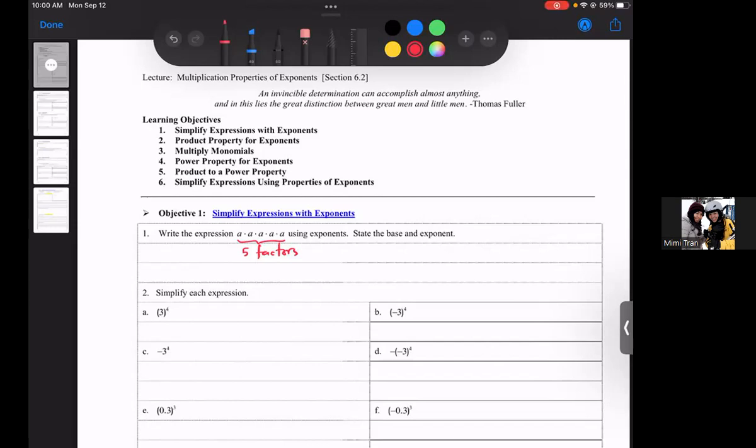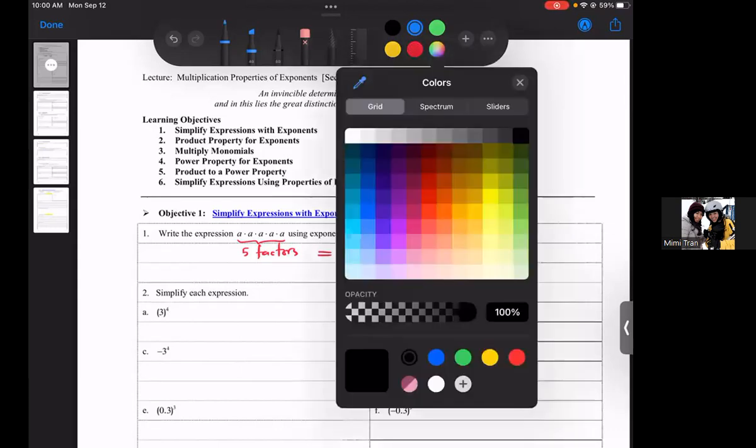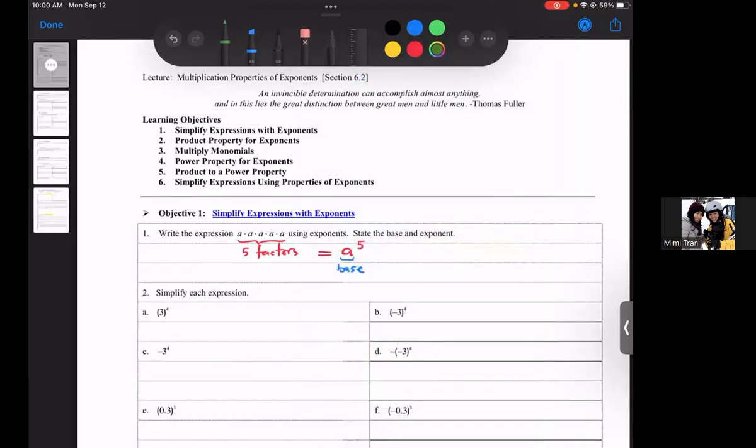I can rewrite it as a to the 5th, where a is your base and the 5 is the exponent, or AKA power.